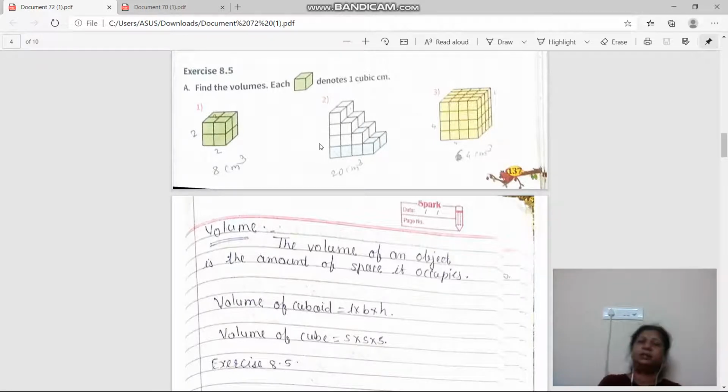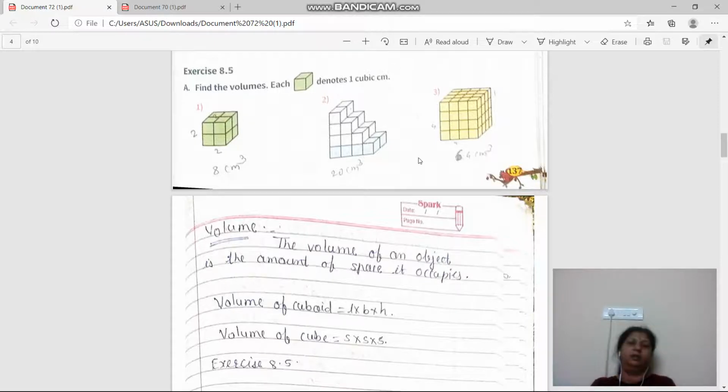So instead of taking LBH, we are calculating the volume of this figure with the help of cubes. So see here: 1, 2, 3, 4 and back side 2, that is 6, 7, 8, 9, 10, 11, 12, 13, 14, 15, 16, 17, 18, 19, 20. How did I calculate here 2? Because they are opposite to it, 2 cubes.